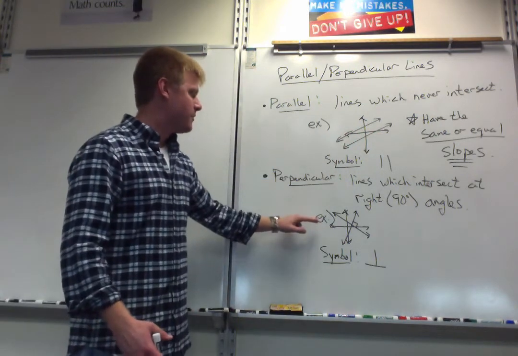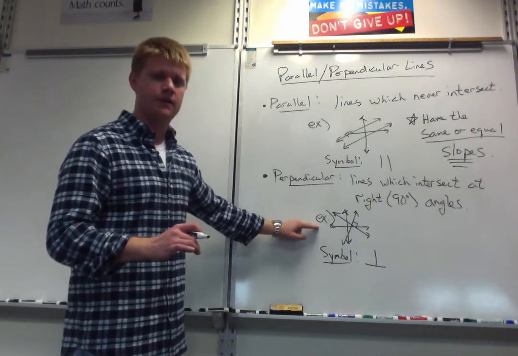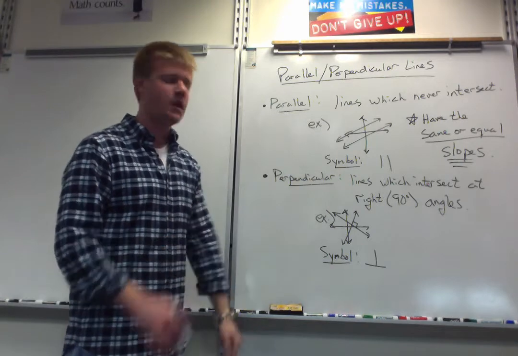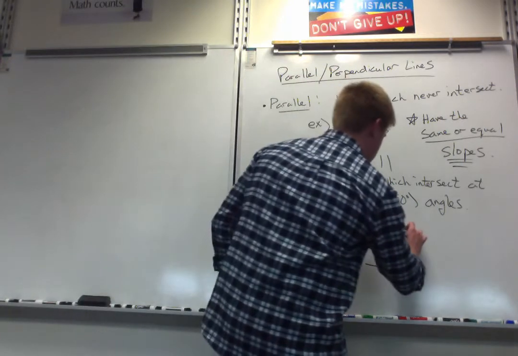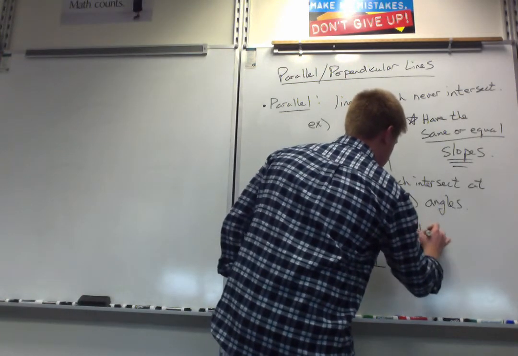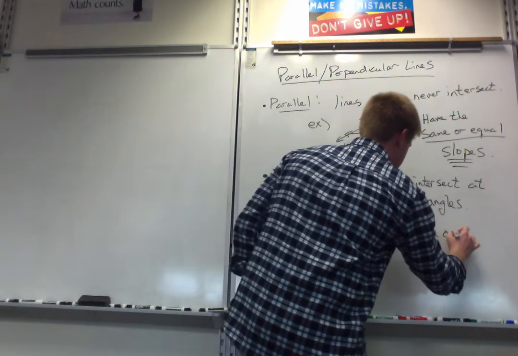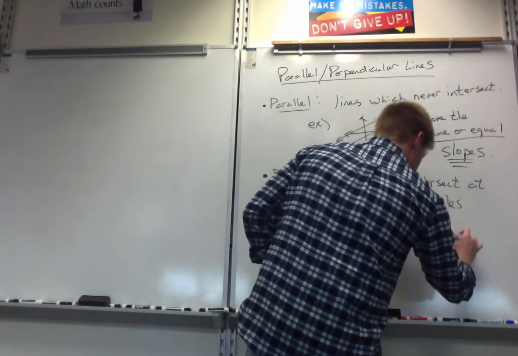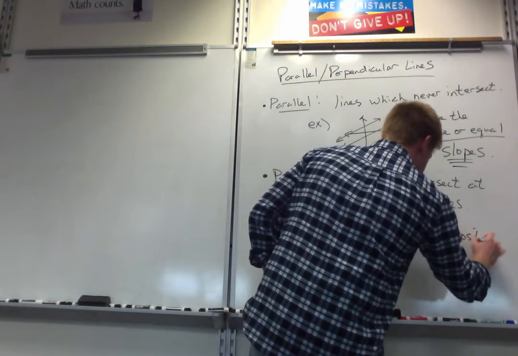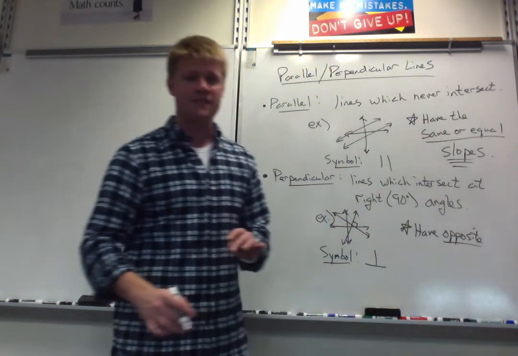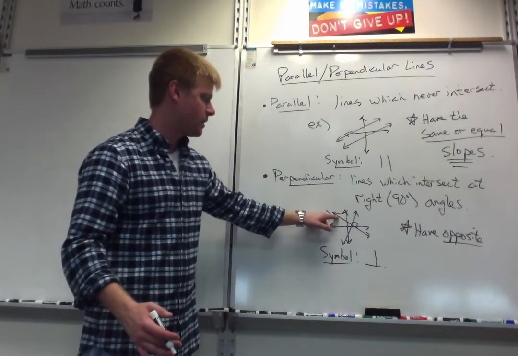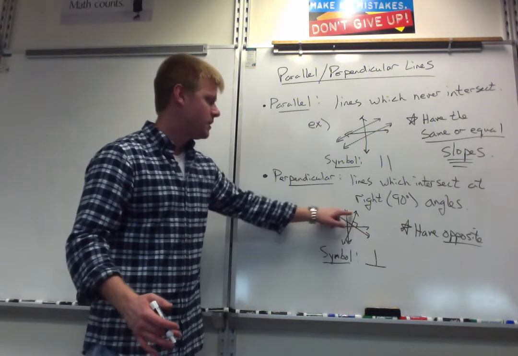Next one. The perpendicular one is a little trickier sometimes to remember. So parallel, pretty easy. Oh, they got to be the same. Perpendicular, their slopes must be opposite, meaning sign, so one positive, one negative, and you can see that this line here clearly has a negative slope.